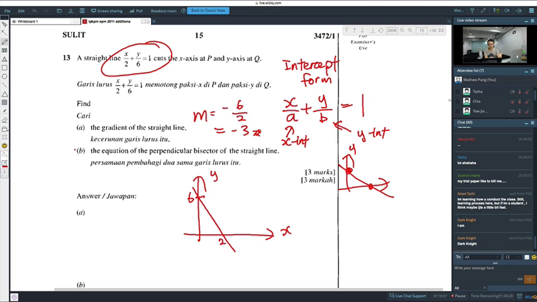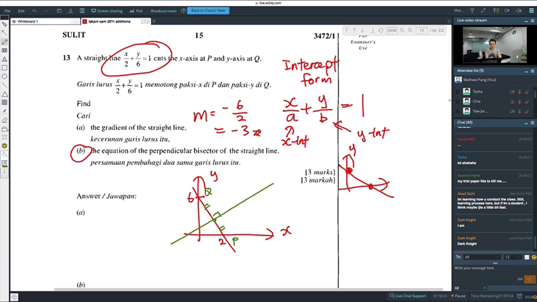Then for part B, find the equation of the perpendicular bisector to the straight line. Perpendicular bisector means a straight line passing through this line at 90 degrees, because perpendicular, and bisector means it passes through the midpoint of P and Q. This is P, this is Q, right?